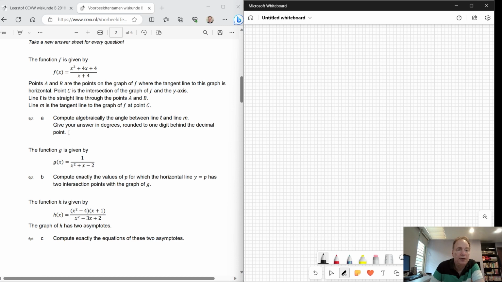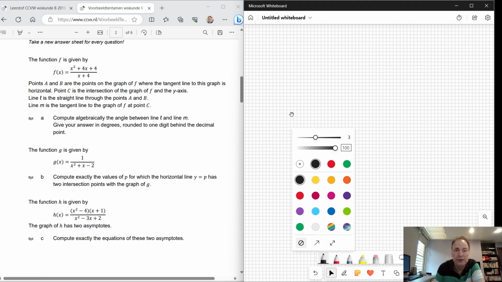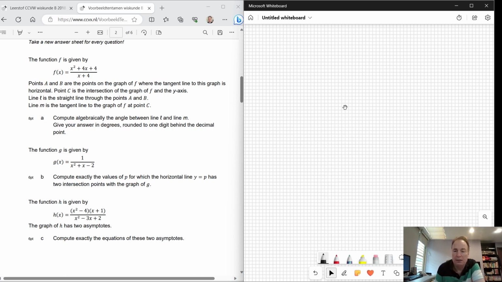Okay, in 1B here, they give a function g, and they want to know for which values of p the horizontal line y equals p has 2 intersection points with the graph of g.